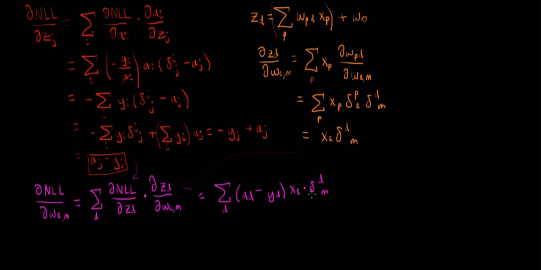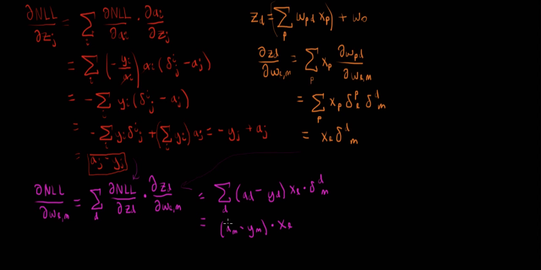Okay, so this delta can kill this sum because Kronecker delta is only non-zero when d is equal to m, so we can set d equal to m and kill the sum. So this is equal to AD, oh sorry, not AD, that was the whole point. AM minus YM times XL.